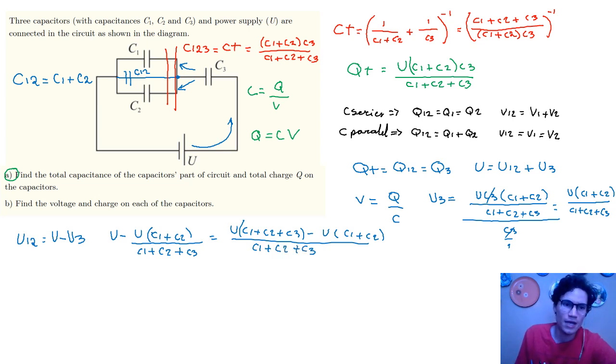So the voltage U12 will be equal to U C3 over C1 plus C2 plus C3.